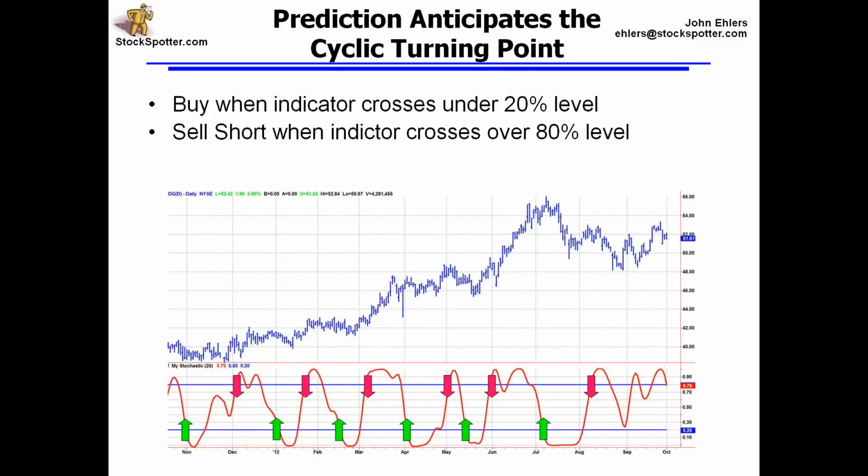So instead of buying when you cross over the 20% line, you want to buy when you're crossing under the 20% line. That anticipates the turning point by several bars. Correspondingly, you want to sell short when you cross over the 80% line. So using that set of rules and nothing more, I went back to the same 10 years of the S&P futures and got this result. Bingo.